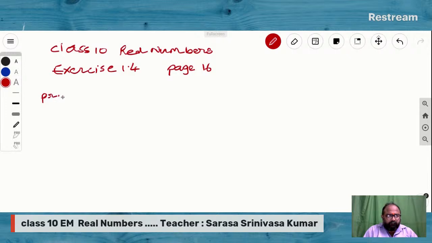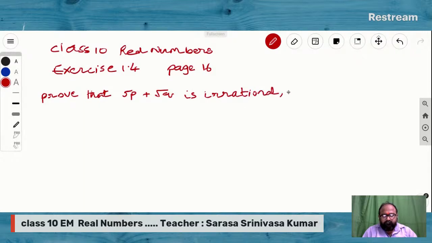Prove that square root of p plus square root of q is irrational, where p and q are primes.